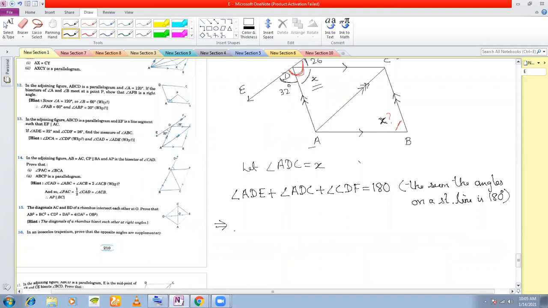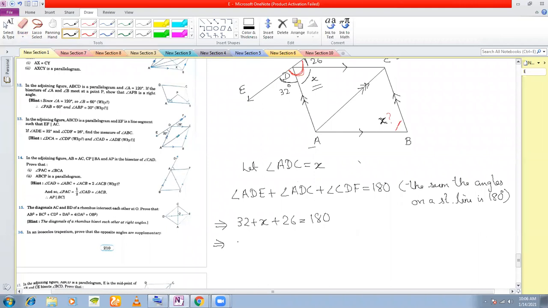So angle ADE is 32 degree, ADC is X, CDF is 26, which is equal to 180. Now if we can find out X from here, let me do one more step.